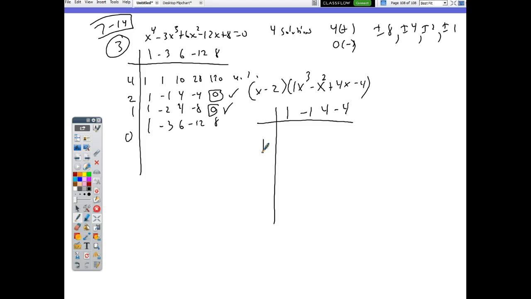Now, if I only did 1 of these, by the way, I could still do the same process and find it, right? So I put a 1 in here. I got 1. 1 gives me 0. 0 gives me 4. 4 gives me 0, right? So my second one is 1. So I have x minus 2, x minus 1.